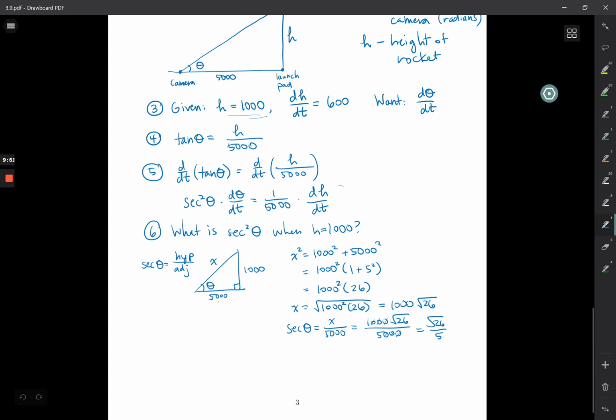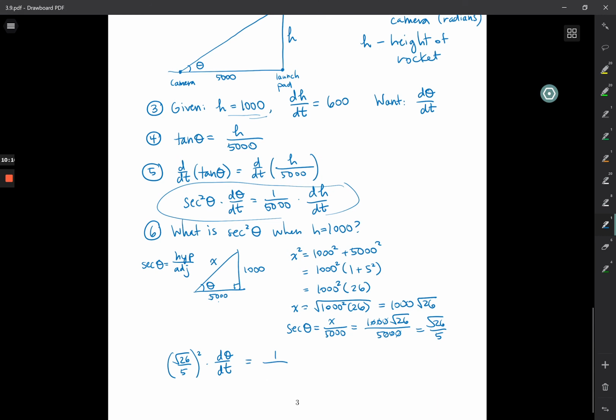Now in this equation, that's where we want to plug it in. We get, this is secant squared theta, so we'll take our secant theta and square it. D theta dt is what we're solving for. And then this is equal to 1 over 5,000.